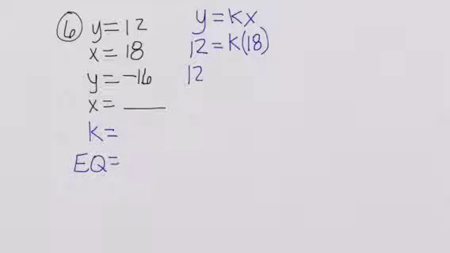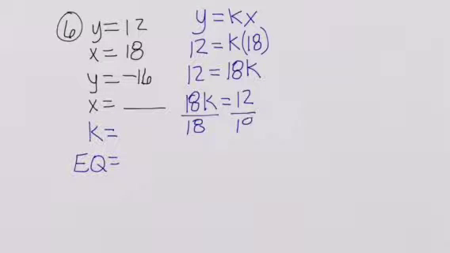So we're going to do 12 is equal to 18k, do our multiplication. Is our k on the left? It's not. So we're going to do our symmetrical. And then, of course, we're going to divide because it's a multiplication problem. And we're going to have k is equal to 12 over 18. But it's a ratio, so that means that we're going to have to simplify it. So k, if we simplify by 6, is 2/3.